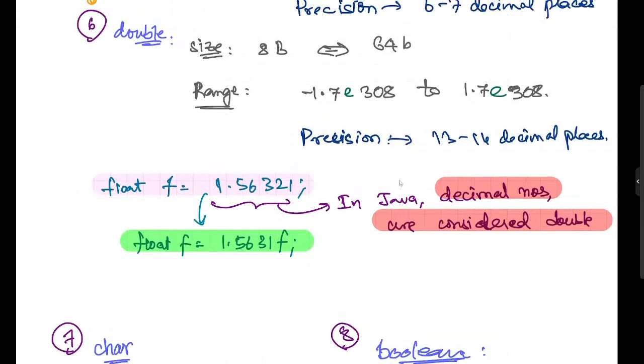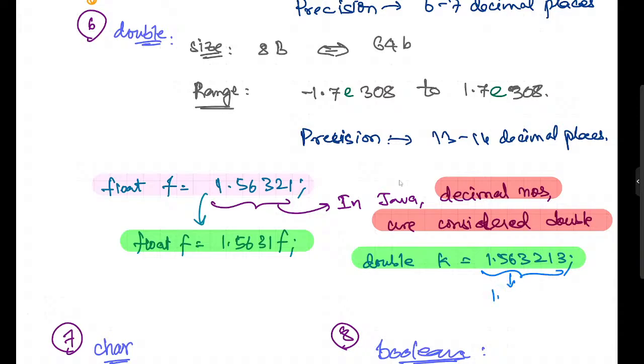For double, you generally just write it normally, like double k equal to 1.563213. This is automatically considered double, so this is fine. If you want, you can also add an additional literal, 1.563213d.